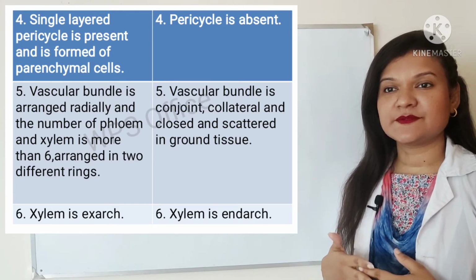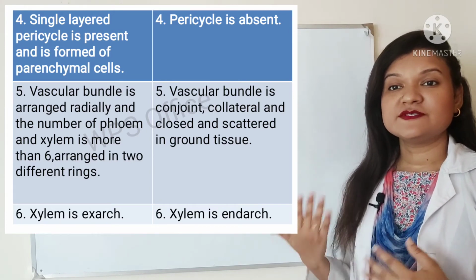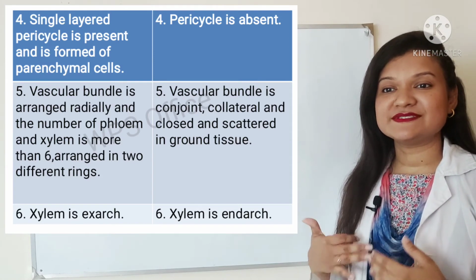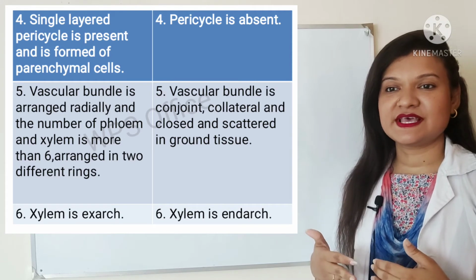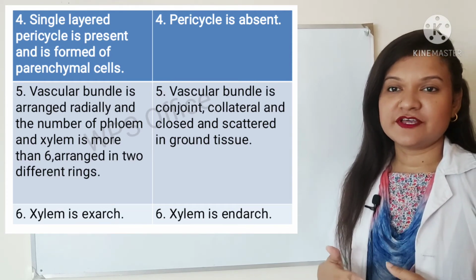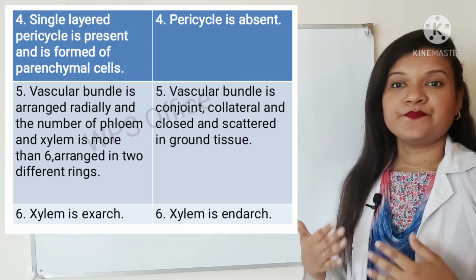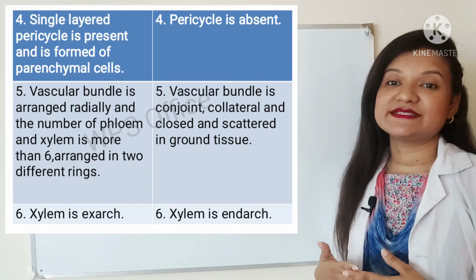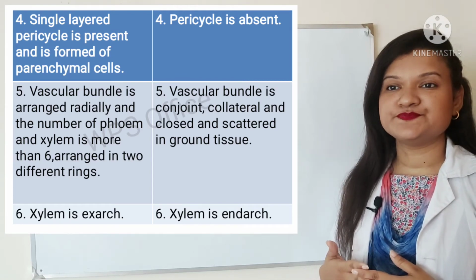is absent. Number 5, in the root, vascular bundles are arranged radially and the number of phloem and xylem bundles is more than 6, arranged in 2 different rings. And in the monocot stem, vascular bundles are conjoint, collateral and closed, and scattered in the ground tissue.